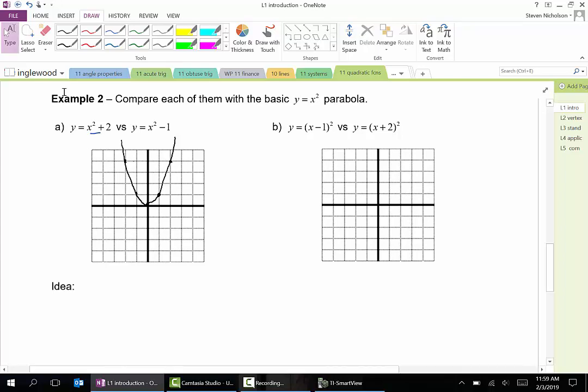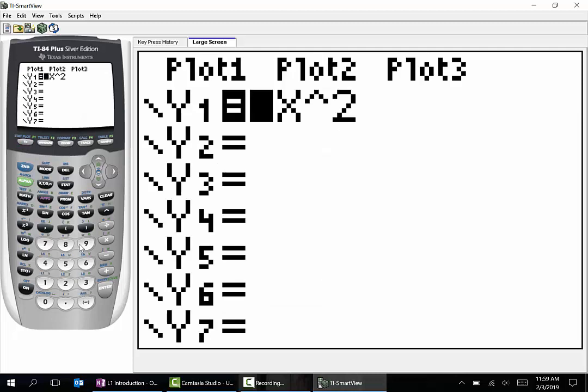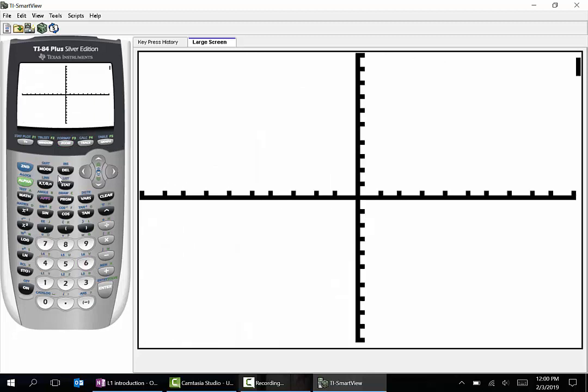I'm not going to make a table of values. I'm going to get my calculator to make me a table of values. X squared plus 2.